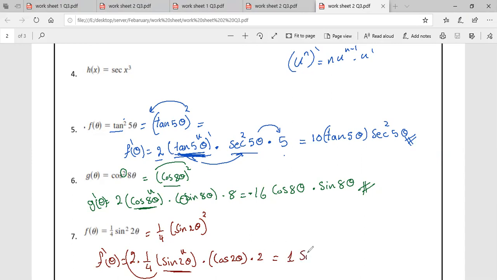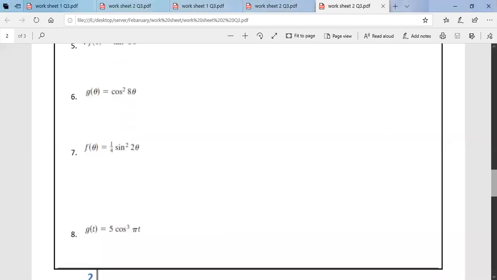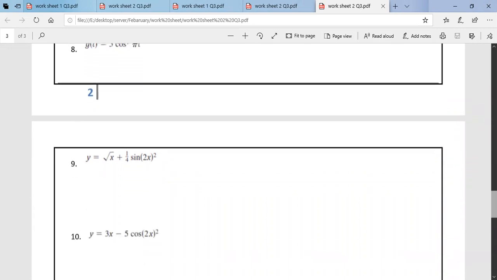Okay, sine 2 theta multiply cosine 2 theta. Trivial. Okay, here. I think number 8, so trivial. Pi is constant.